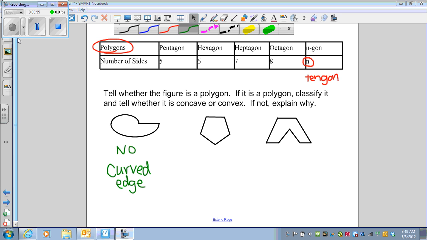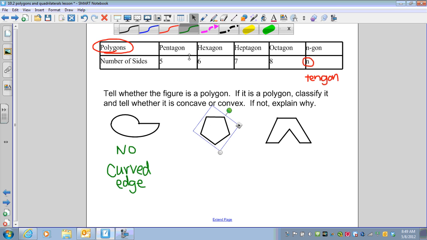So for the first one, you should have written no because there's a curved edge or a curved portion of this shape. For the second one, you should be able to see that there's 1, 2, 3, 4, 5 sides. So it's a pentagon.